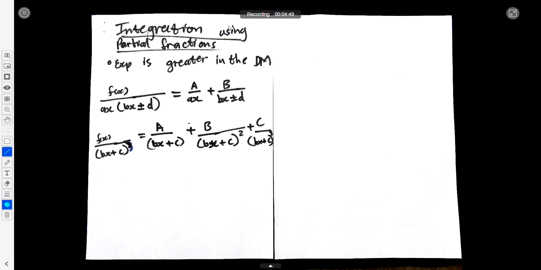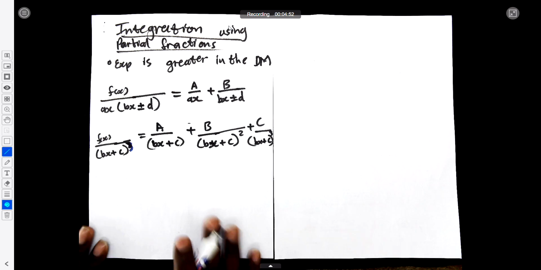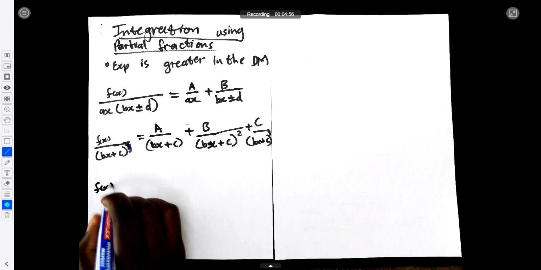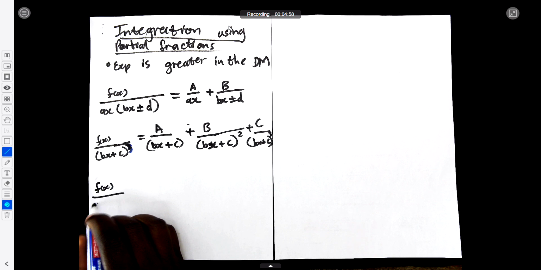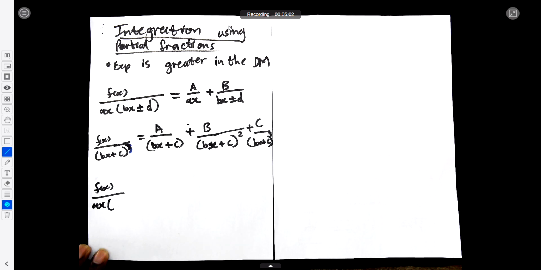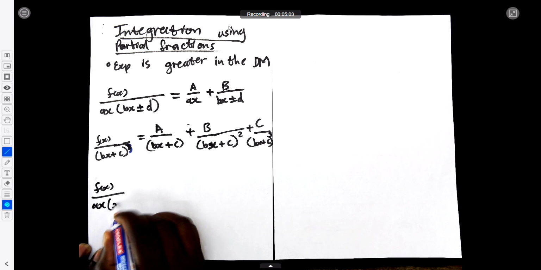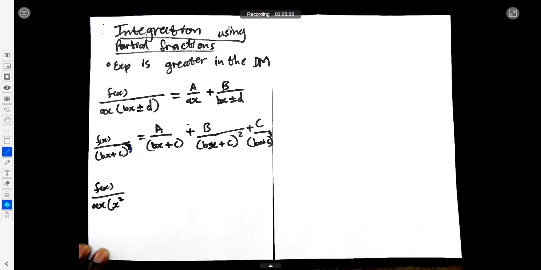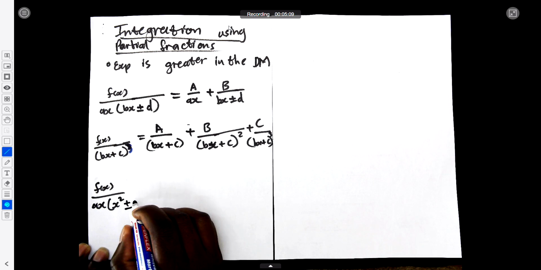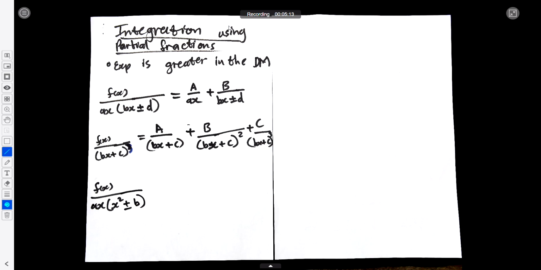I hope it is clear then. So let me use an example. Let's say we have ax, and a factor that is not linear, say x squared plus or minus b.